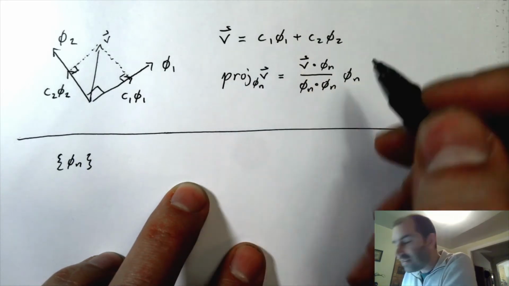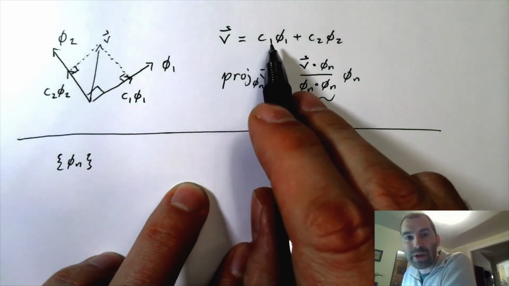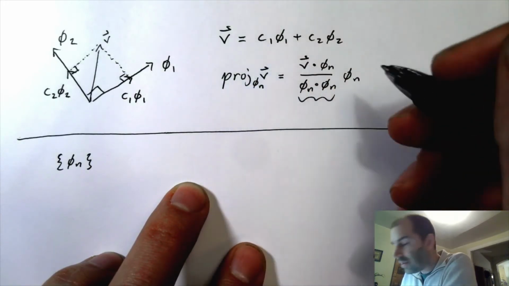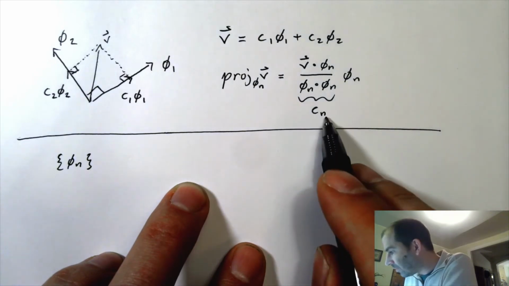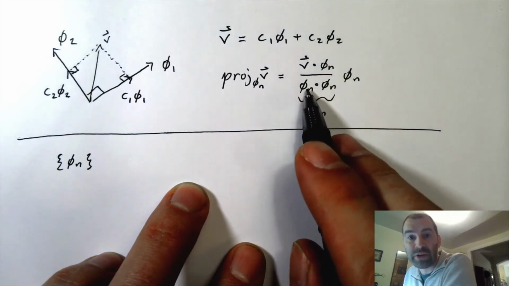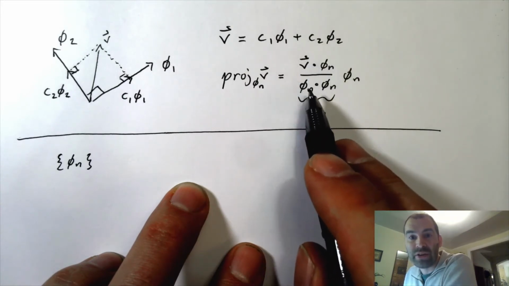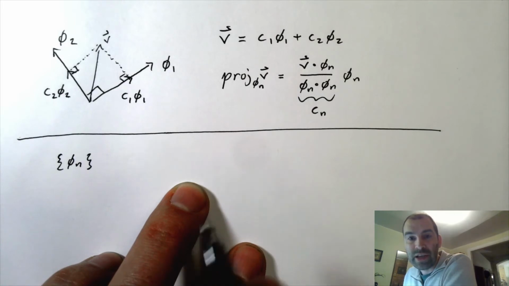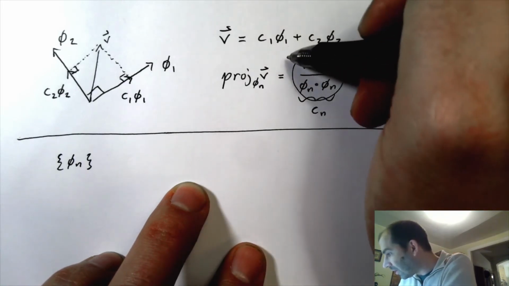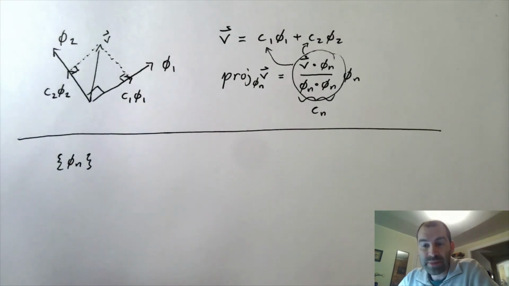So this right here is my c, the thing that I'm multiplying by phi n. This is what I'll call Cn. If I want to get C1, I would make all these phi1s. If I wanted to get C2, I'd make all these phi2s. And this is the formula that we would use to get these constants.